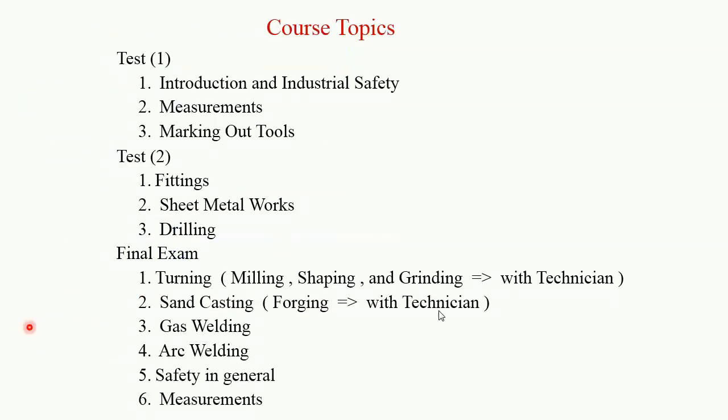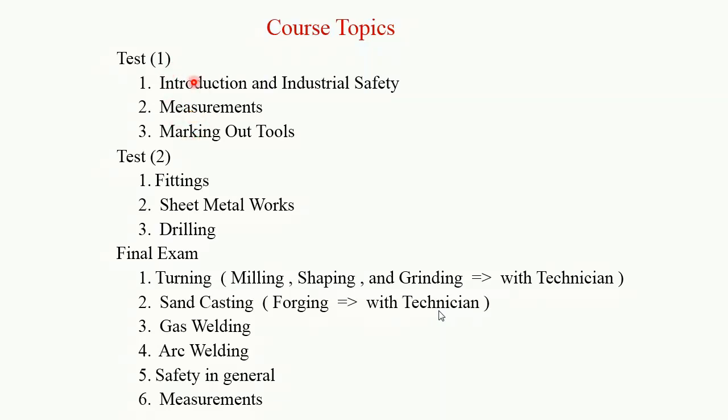With respect to the course topics, in this course we have 10 chapters, 3 plus 3 is 6, and here 4, so it makes 10 chapters, and these have been divided with respect to the tests and the final exam. For test 1, the first 3 chapters: Introduction and Industrial Safety, Measurements, and Marking Out Tools.